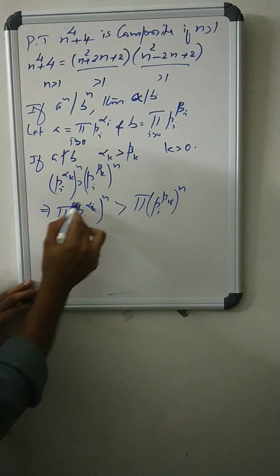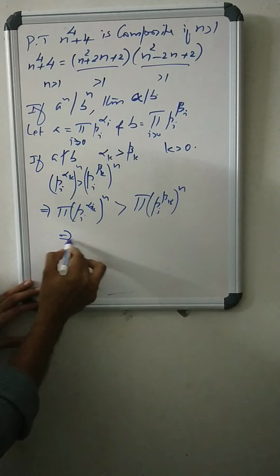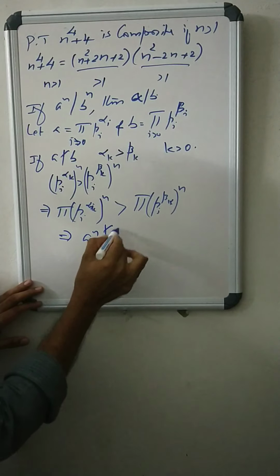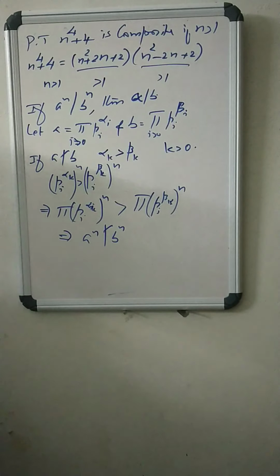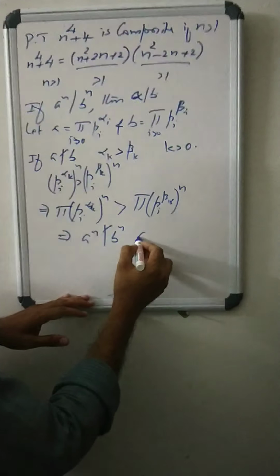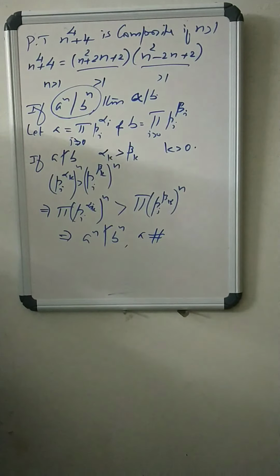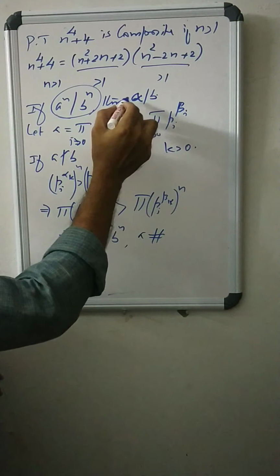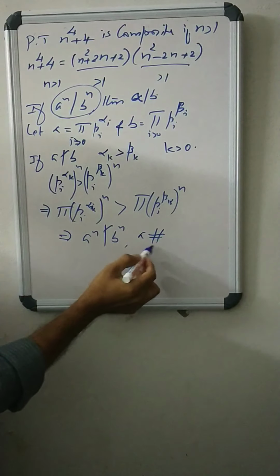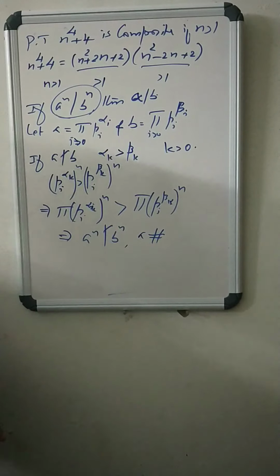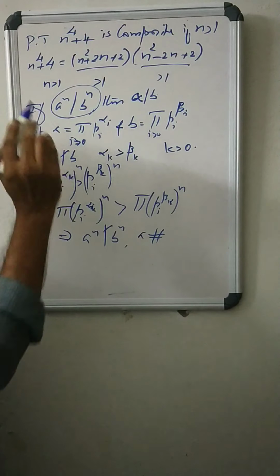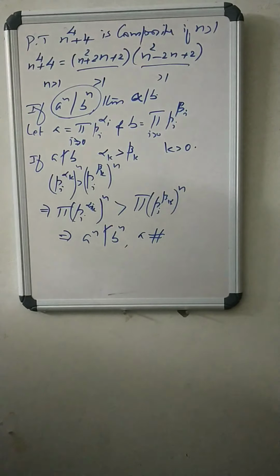What is this? This is a power n greater than b power n. So a power n does not divide b power n, which is a contradiction. Thus, if a does not divide b, then we have a contradiction. Therefore, when a power n divides b power n, a should divide b itself.